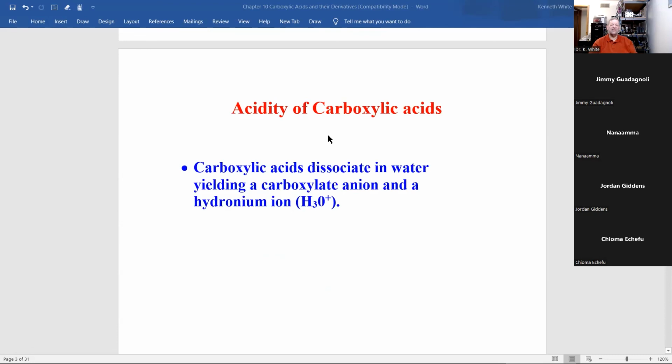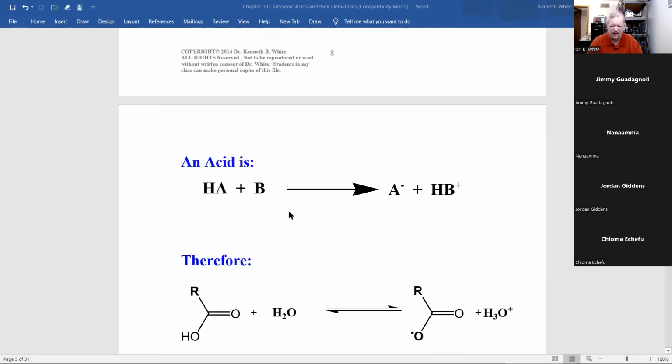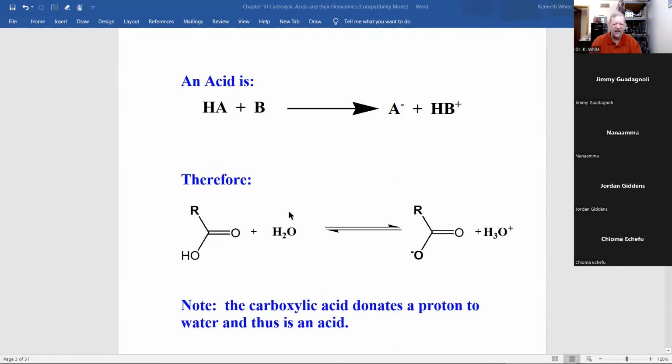All right, carboxylic acids are called acids because when you put them into water, they dissociate, yielding the carboxylate anion and the hydronium ion. You don't have to worry about the wording here, but let's look at the next slide. What's an acid?